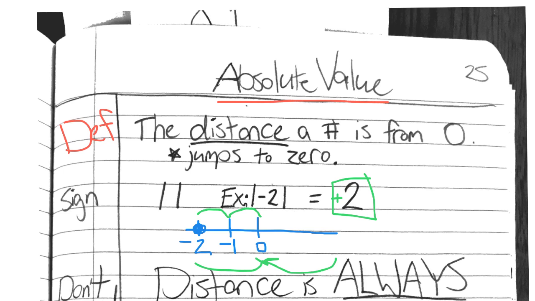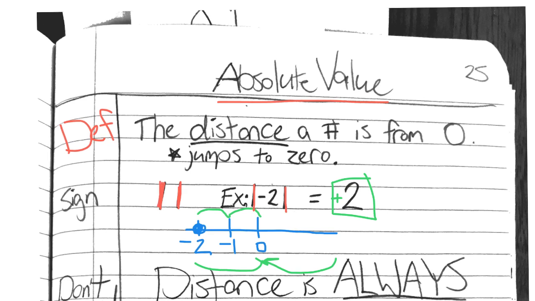Now, when they want you to find the absolute value, they'll put the number in bars like this. For our example, there's a bar, -2, bar. That means find the absolute value of -2. Many times the question won't say the words absolute value. They just put these little bars, like a little jail cell for that number.